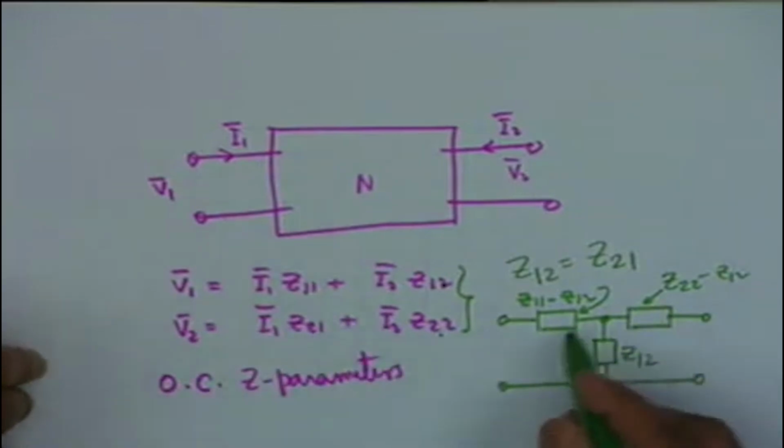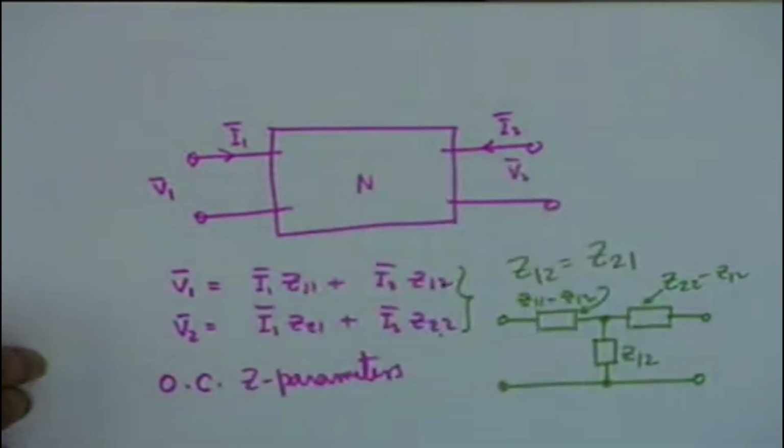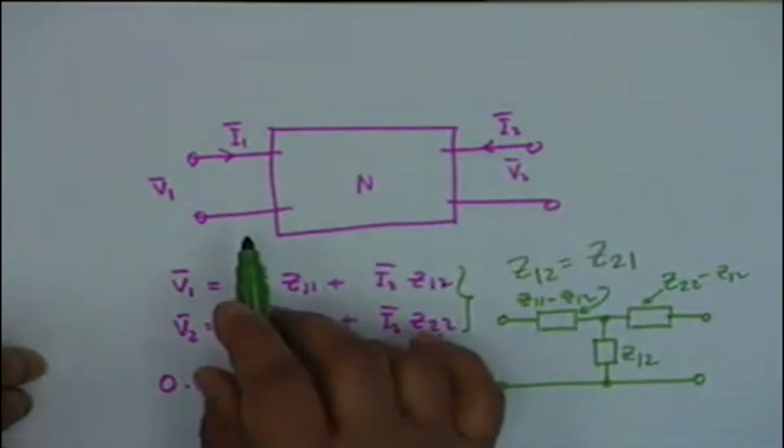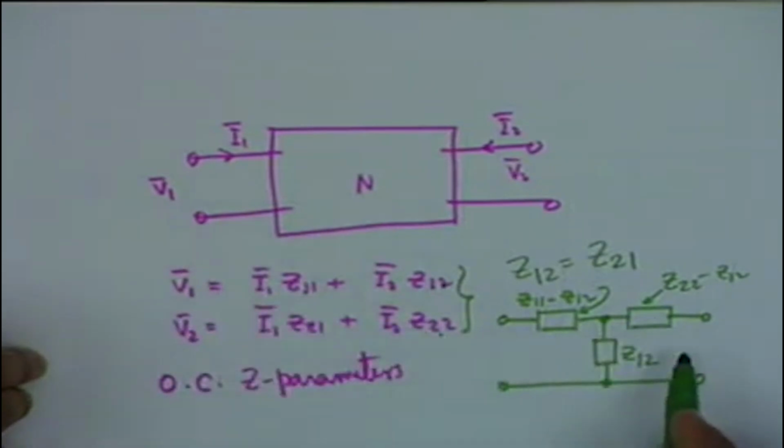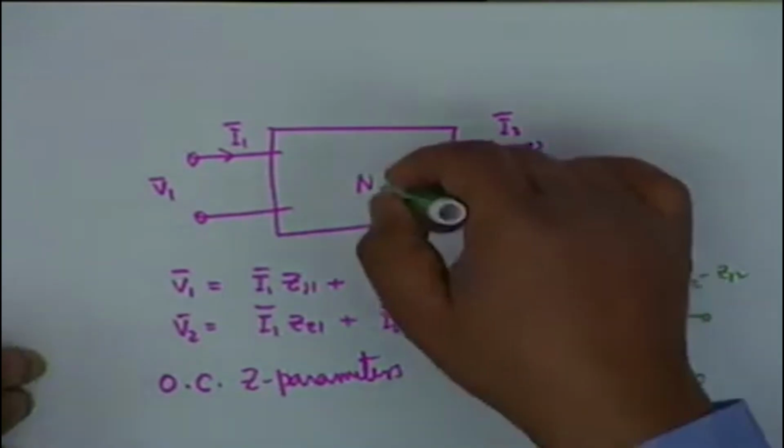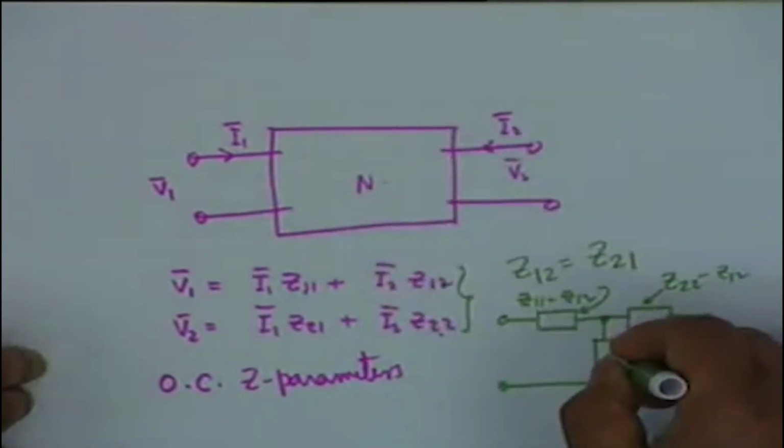I am not saying this network represents the original N, because the original N is 4 terminal, whereas the model is 3 terminal. So, this cannot be equivalent to this.